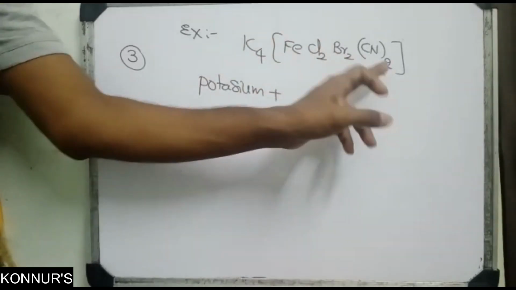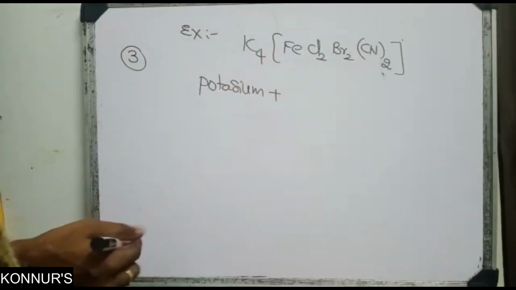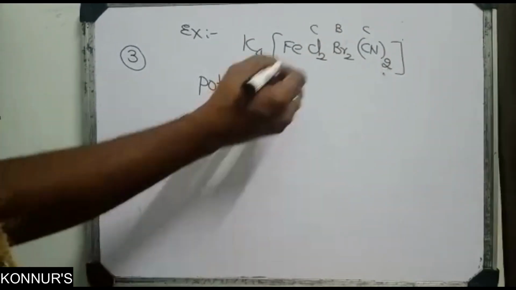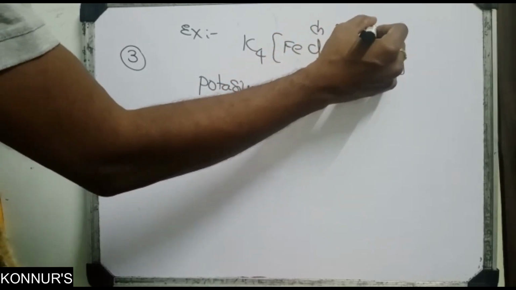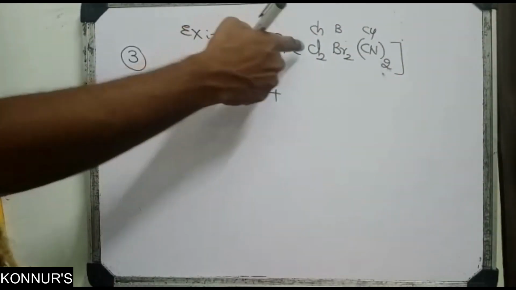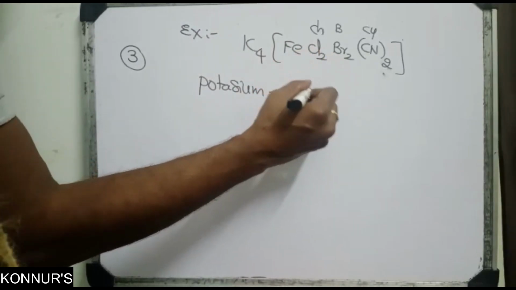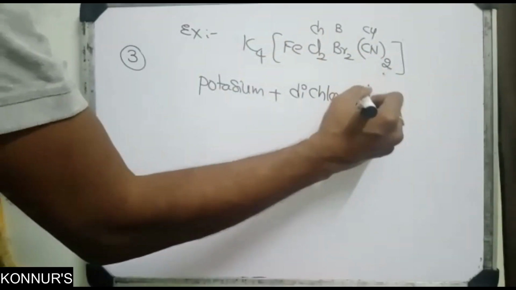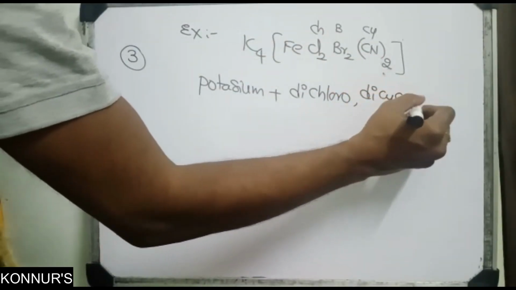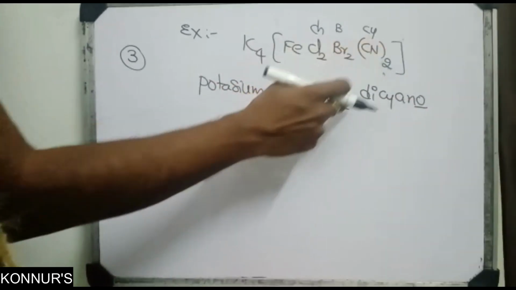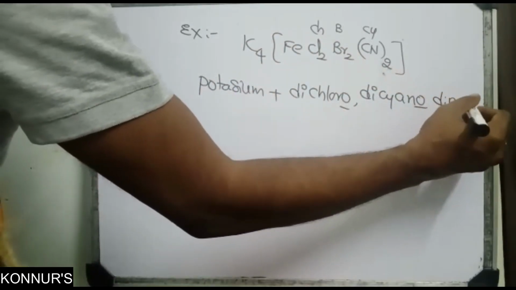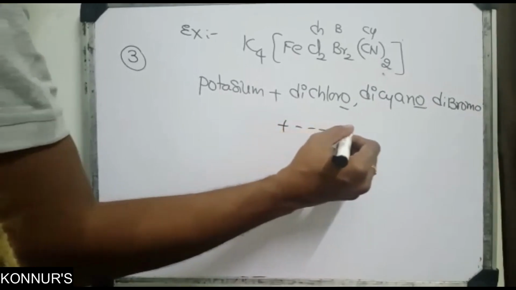Next we enter the complex sphere, which contains metal and ligands, so first we discuss the ligands. It starts with C, B, C, so chlorine is CH, cyanide is CY. Two chlorines are there, so you write dichloro, comma, next dicyano. Negative ligands end with O. Next, dibromo.